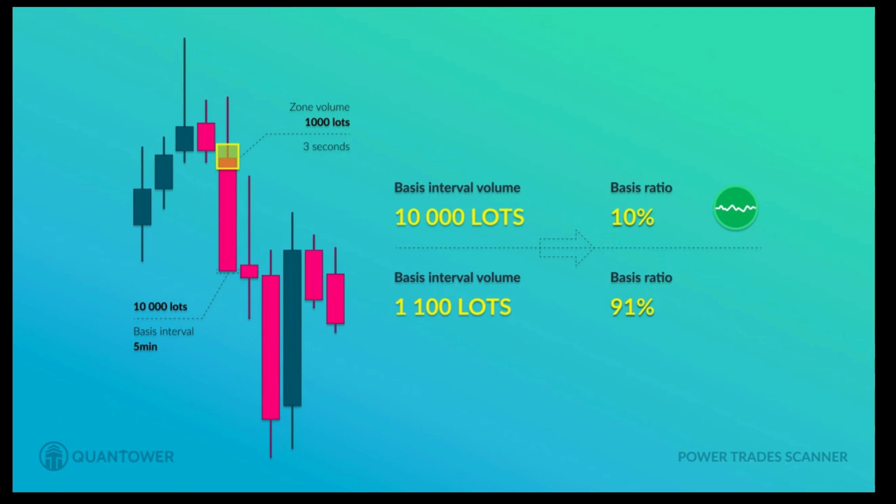And that means the trading is not intensive now, and the influence of the zone can be very significant. Thus the same volume of 1,000 lots in different situations can be both significant and insignificant and affect the DOM differently. This is a very important parameter to understand and to work with because it answers the question, is this an influential zone or not?